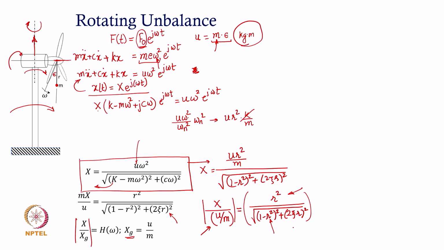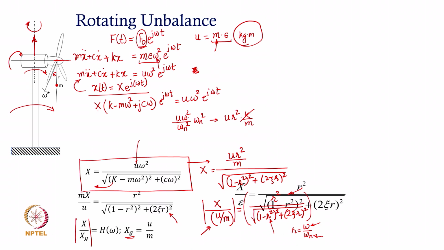Now, frequency ratio r, which is omega over omega n, is actually the rotational speed. Okay. It is the normalized rotational speed, or a dimensionless rotational speed, because this is representing the rotational frequency, and this is the natural frequency of the system. So, when we plot it with respect to r, we are essentially plotting how the response changes as the speed of rotation increases.